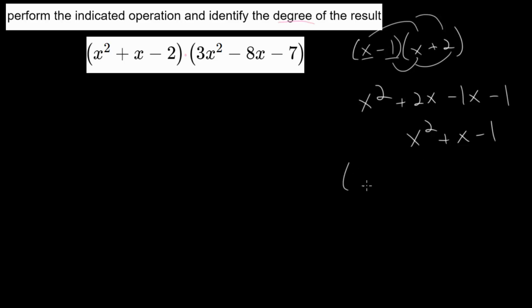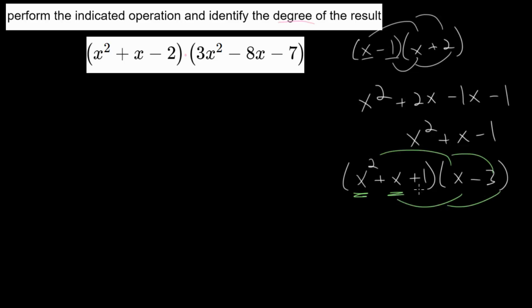Now if we added in, let's say, a third term, let's say we have x squared plus x plus 1 multiplied by x minus 3, we would follow a similar procedure, though now we take each of these three terms and distribute them into both of the two terms over here. So this would go in as well. And so when we multiply these together, we will get 6 terms.